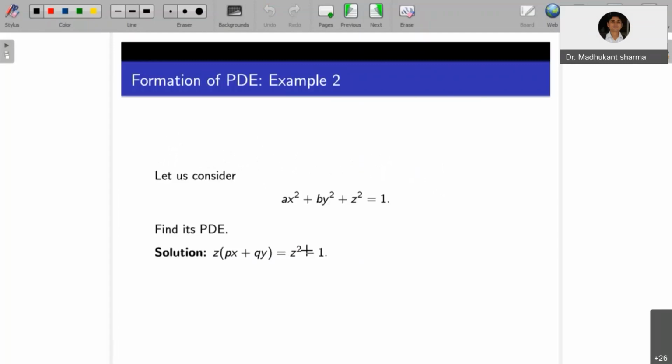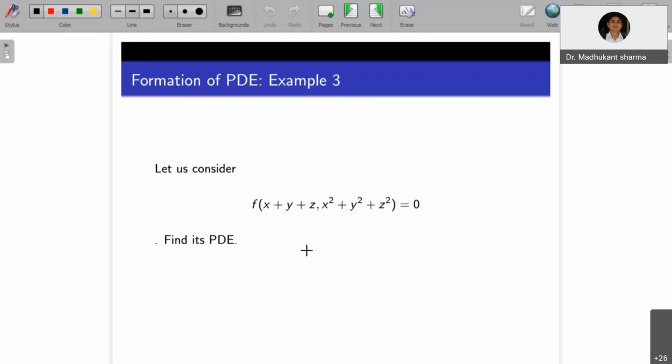Fine. So let me give you another example. Just now we have solved this. This is u, this is v. You try to identify the finite PDE for this, so you can take it as an exercise. I will float these three problems and I will give you the solution as well.